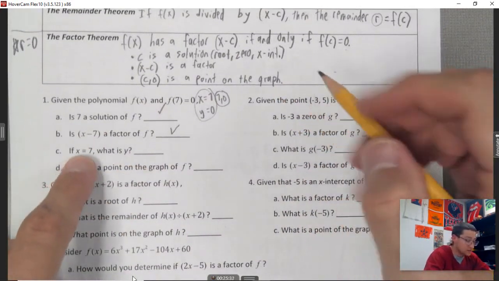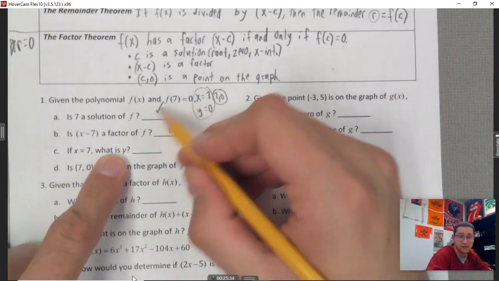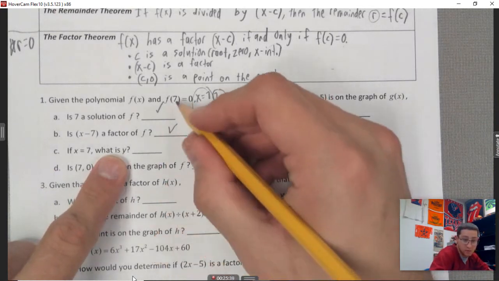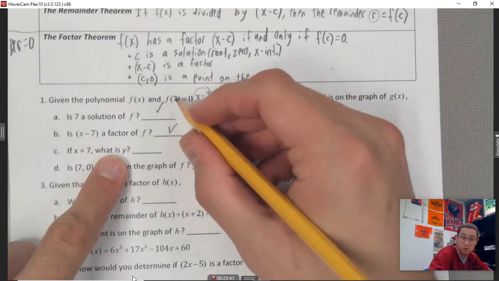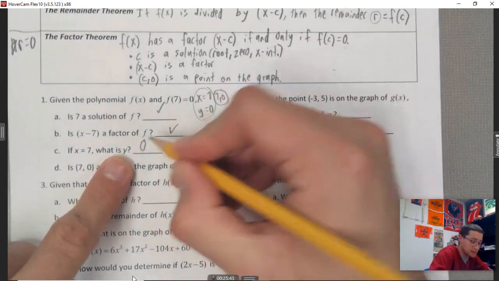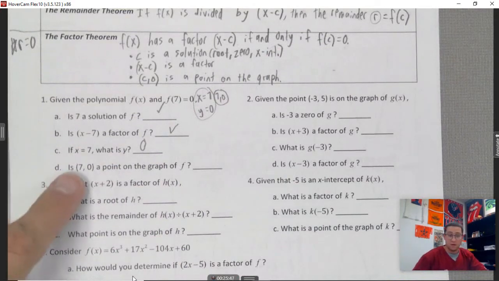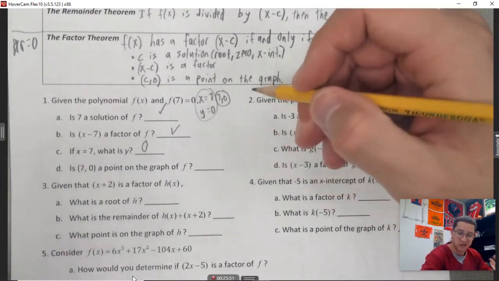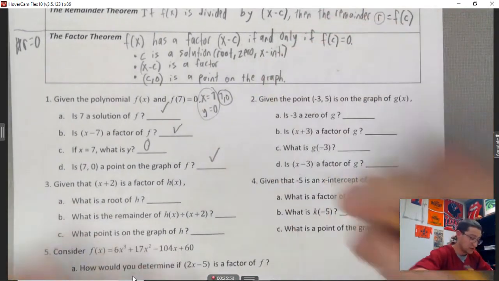If x is equal to 7, what is y? Well, I'm inputting it here, f of 7 gets me 0. Remember, this is f of x, this is your y. So what is y? It is 0. Is (7, 0) a point on the graph? Yes, that's what we said up here. That's why I broke down that information. So that's true as well.